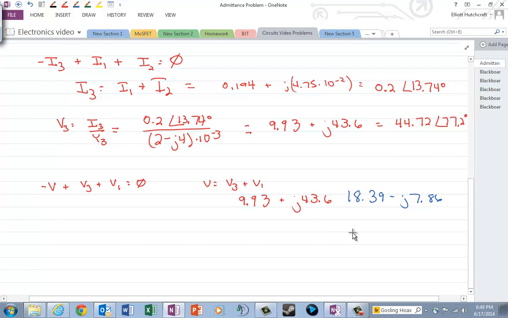So V is equal to that plus that. Right here I have 44.7 angle 77.2, that is my V3, so just to make sure it's clear, I'm going to convert that back to rectangular: 9.93 plus j 43.6, and then I'm going to add to that 18.39 minus j 7.86.